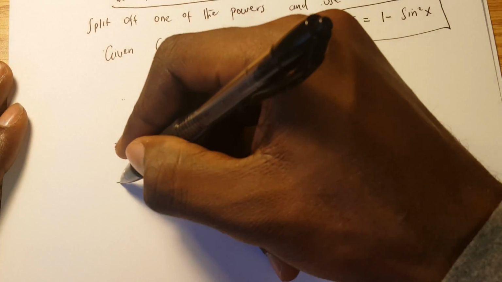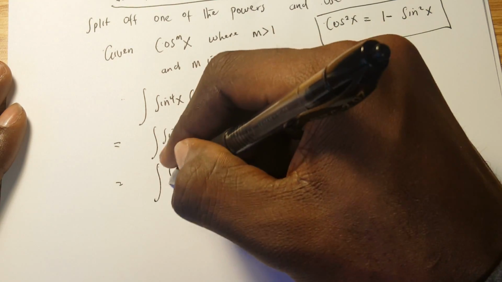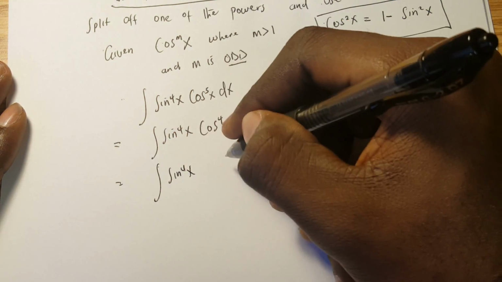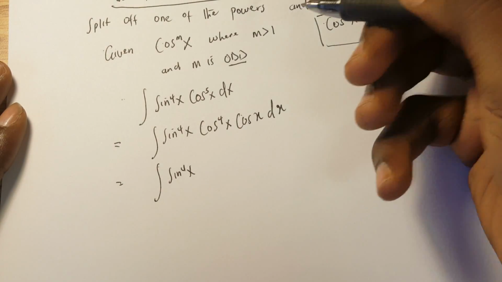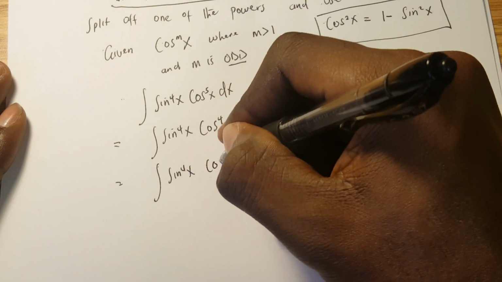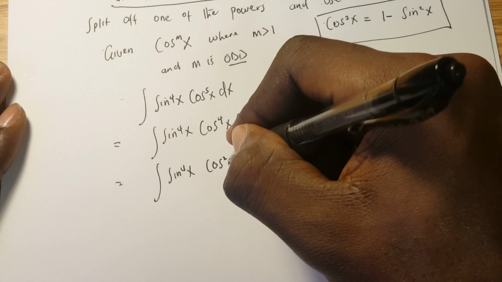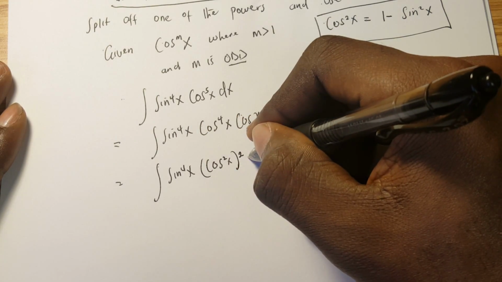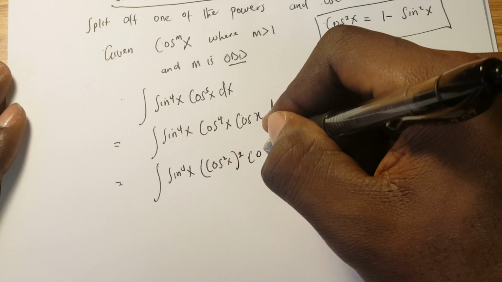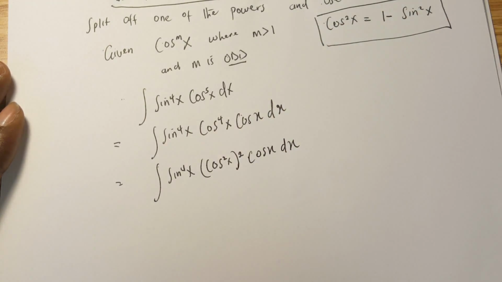Then we're going to have sine 4x, which is the same as writing cosine squared x all squared, multiplied by cosine of x dx.